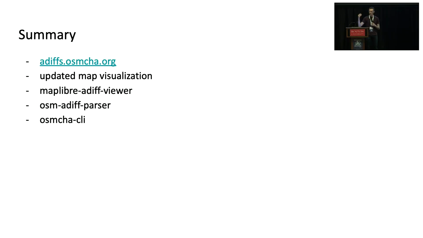So in summary, there's a new augmented diff service that provides augmented diff data for any change set in OpenStreetMap's history, going back about six months; we're backfilling older data.